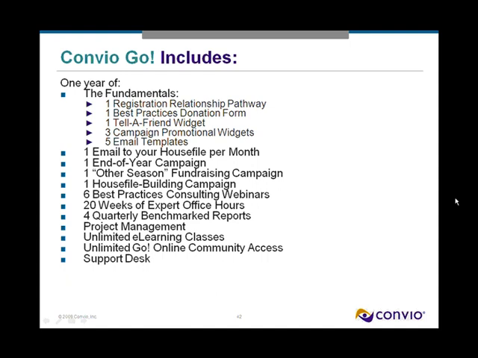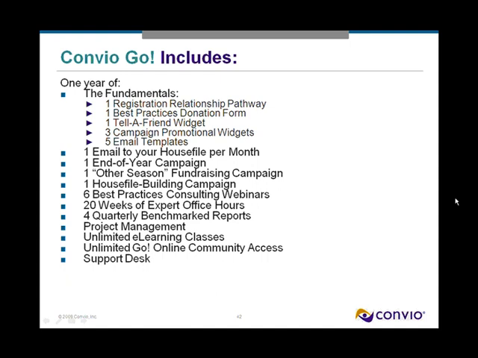Additionally, something I haven't mentioned yet, but I find to be one of the most exciting aspects of the program, is we provide you with benchmarking that goes above and beyond the benchmarking I referred to earlier, which benchmarks all of the Convio clients that we have, all 1,200 clients. One thing we do additionally within the Go program is we benchmark you against your peers.